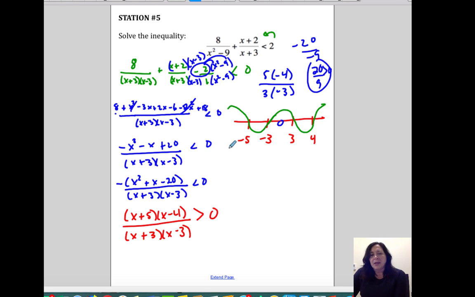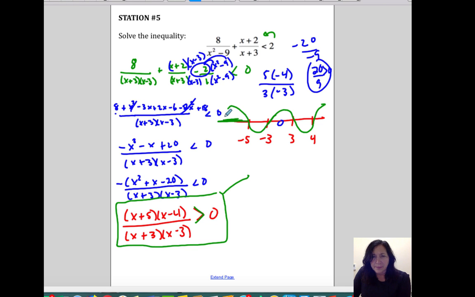And then, okay, so then you go back to this equation here, and this is what it's asking you. Even though it doesn't actually say it, it's saying this: where's my graph greater than 0? So you're going to say here, here, and here.